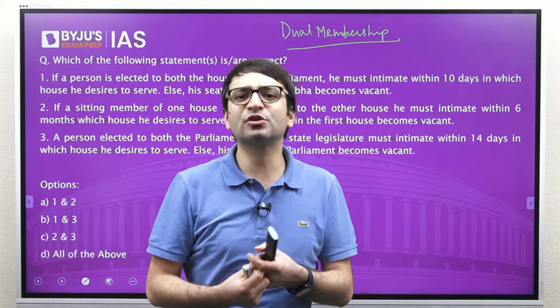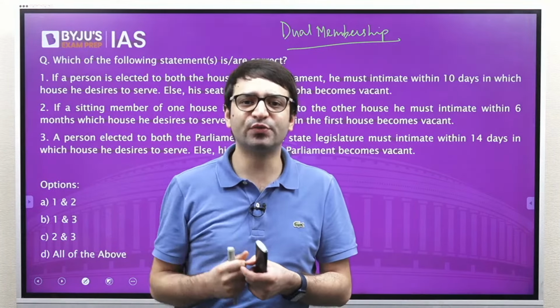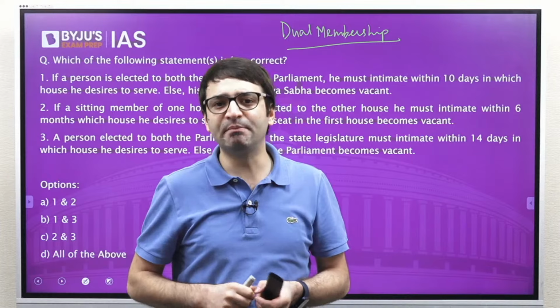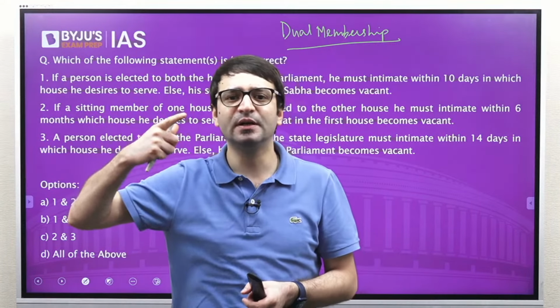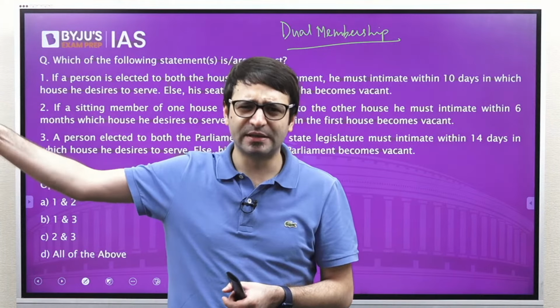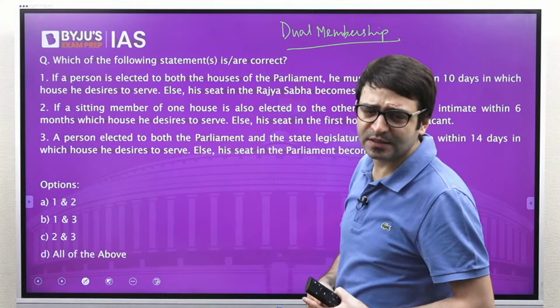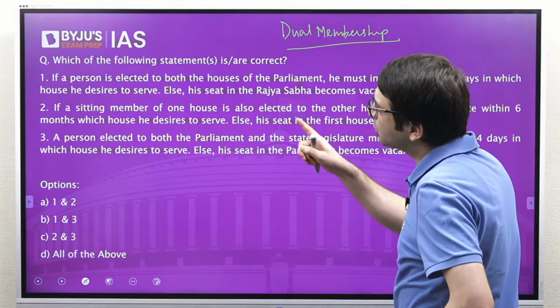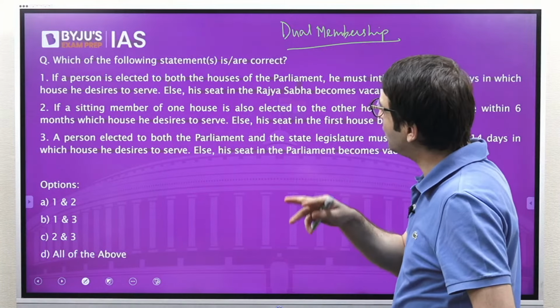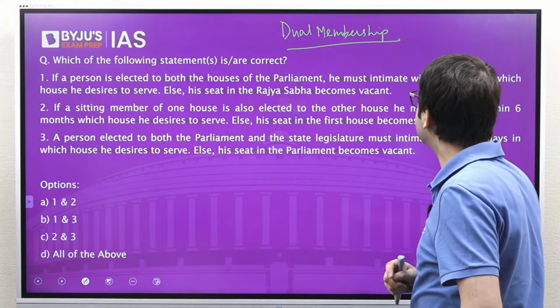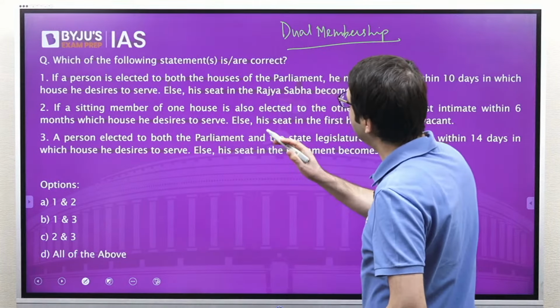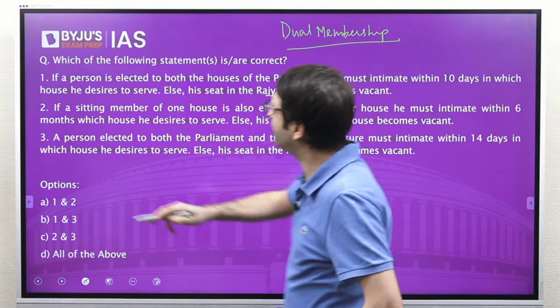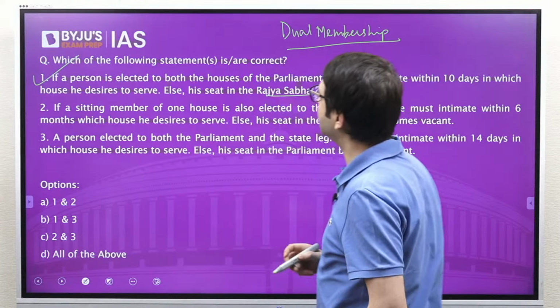He was a member of the Lok Sabha, he got elected to Legislative Assembly as well, resigned as the member of the Lok Sabha, continues as the member of the Legislative Assembly from the Mainpuri constituency, I think in UP, where he is now the leader of the opposition. So if a person is elected to both the House of the Parliament, he must intimate within 10 days in which house he desires to serve, else his seat in Rajya Sabha becomes vacant. The statement is correct.